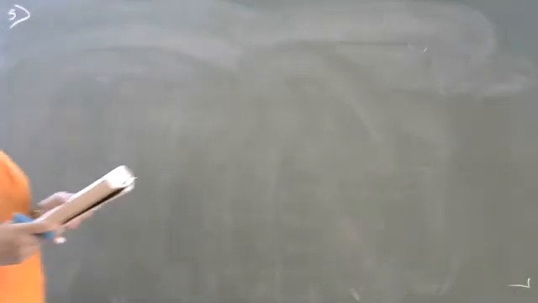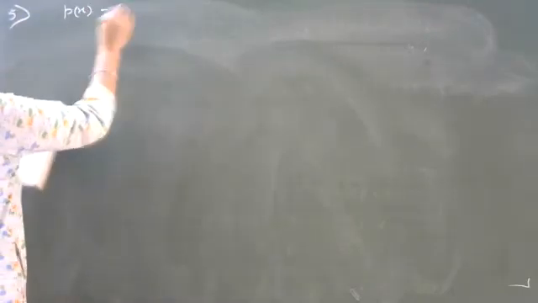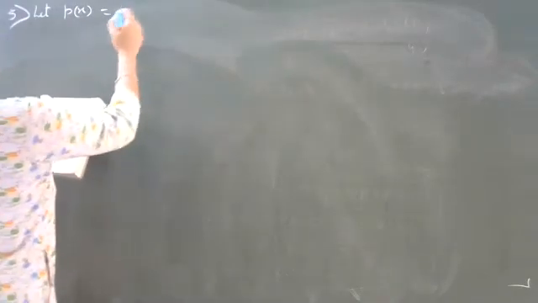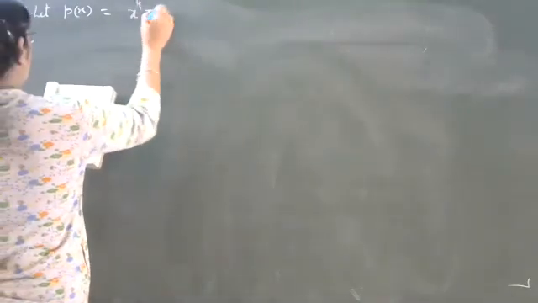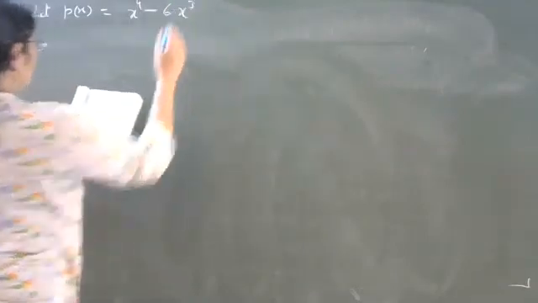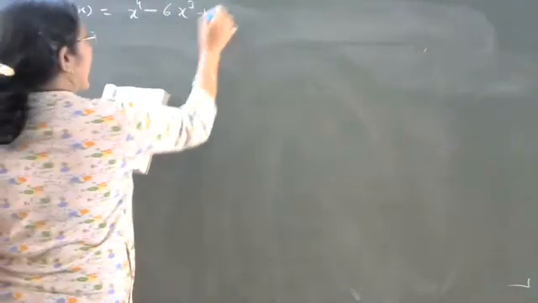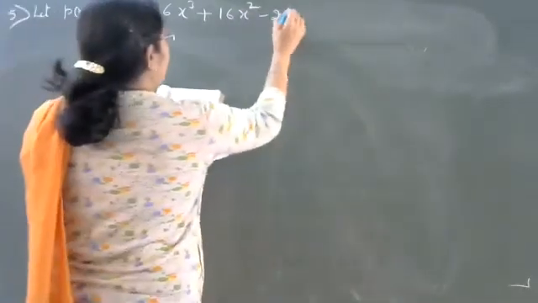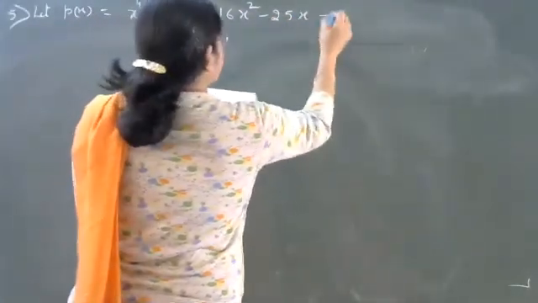So now question number 5. Here you are given, if the polynomial Px, name of the polynomial is not given, so I am writing let Px is equal to x to the power 4 minus 6x cubed plus 16x squared minus 25x plus 10.